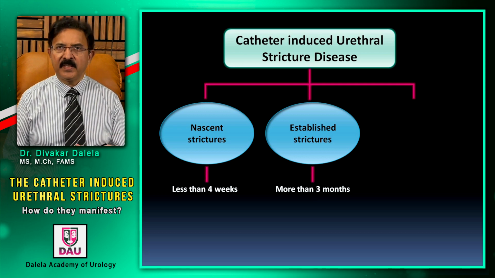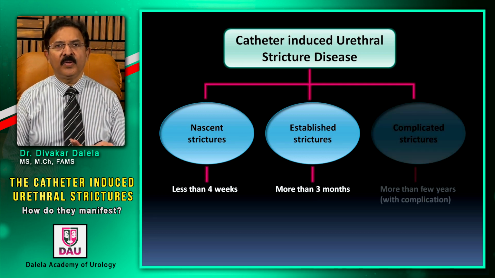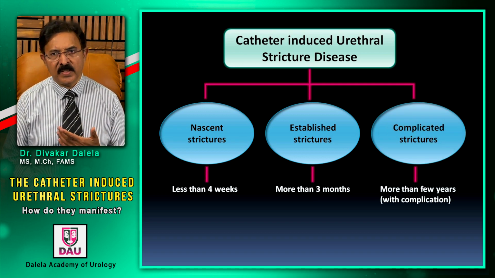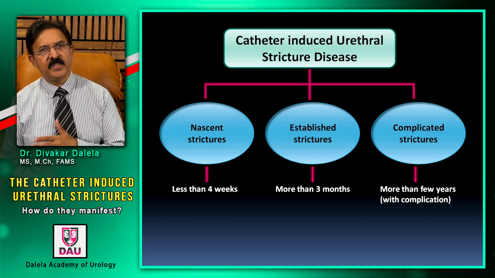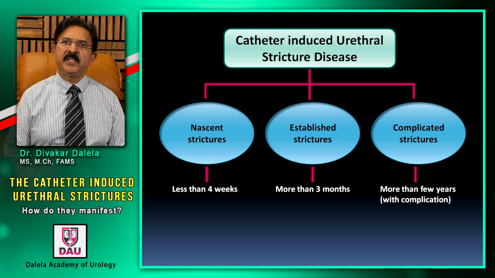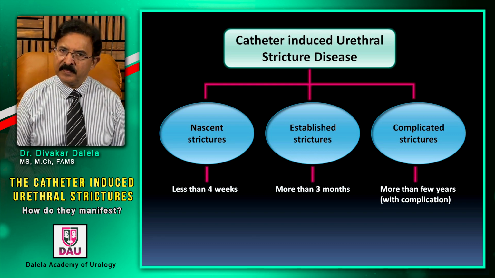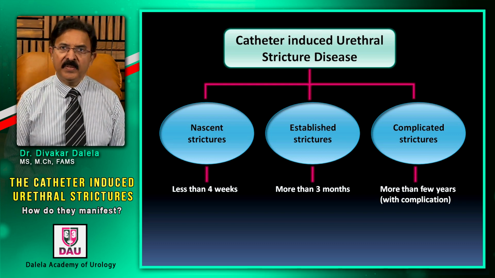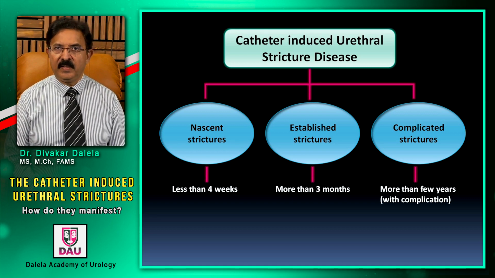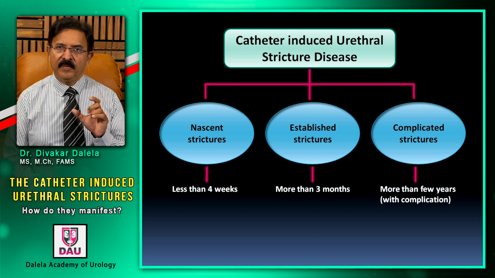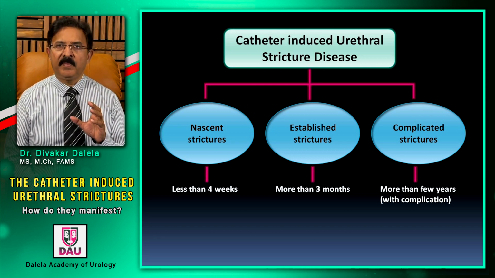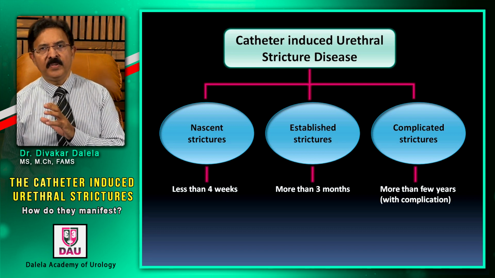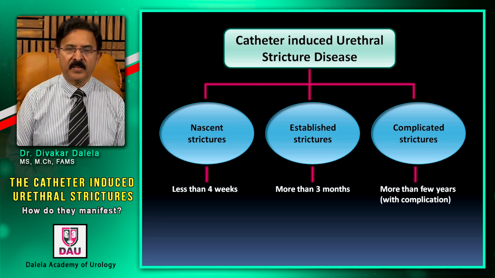They are established strictures. And there are patients who come with various complications of strictures. They usually come after a few years of having had a stricture disease as a result of catheter. So on the basis of the age of the stricture: less than a month, nascent stricture. Having an age of a few months, 3 to 6 months, established stricture. Having an age of a few years, often complicated strictures.